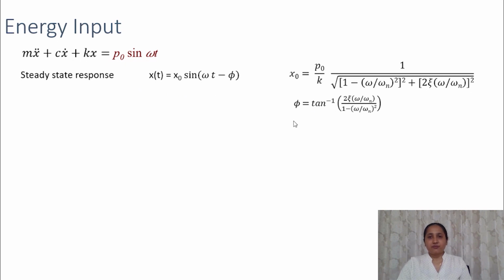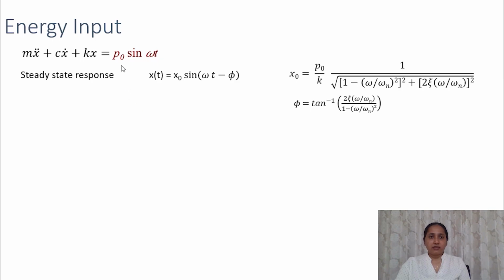And the value of phi was derived as this 2 zeta frequency ratio divided by 1 minus frequency ratio square. This we have derived in our previous lectures. So we can calculate the value of the steady state amplitude.